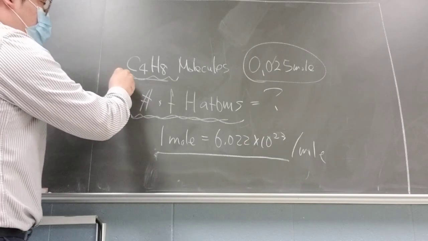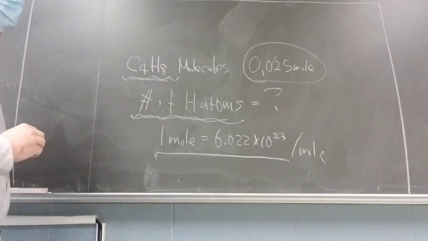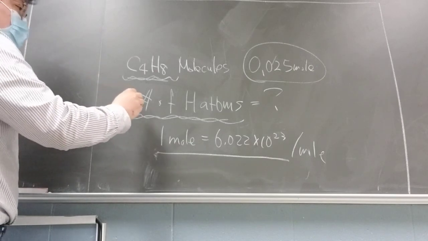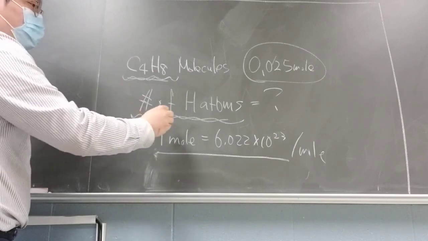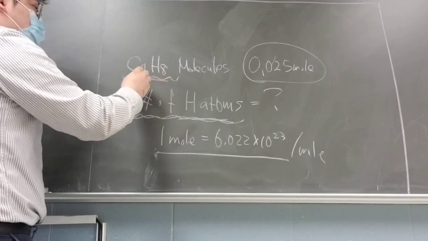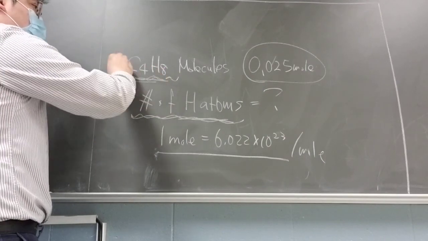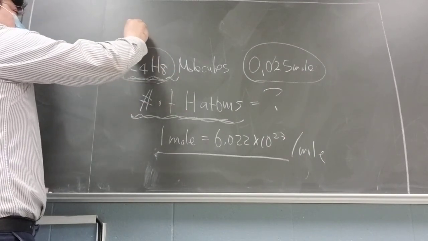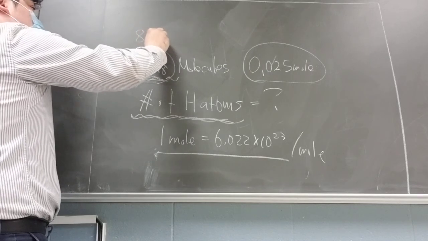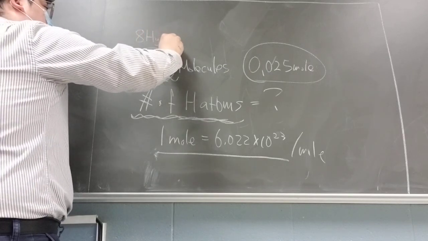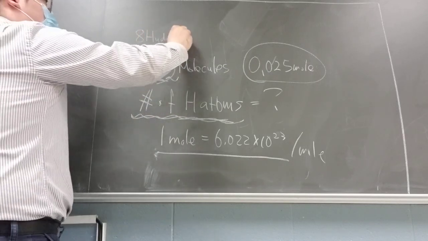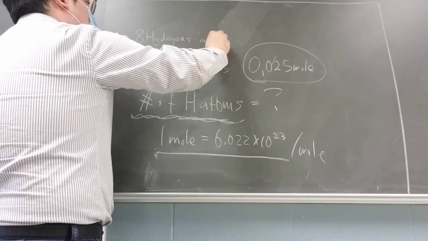We know we have this many moles of molecules, but to get the number of hydrogen atoms, you just need to count the number of hydrogens in the compound. That is 8 hydrogens in 1 compound, right? 8 hydrogens in 1 compound.